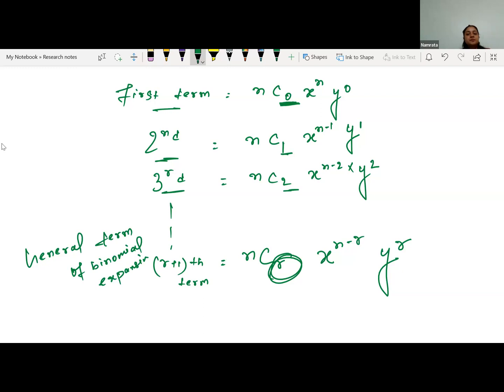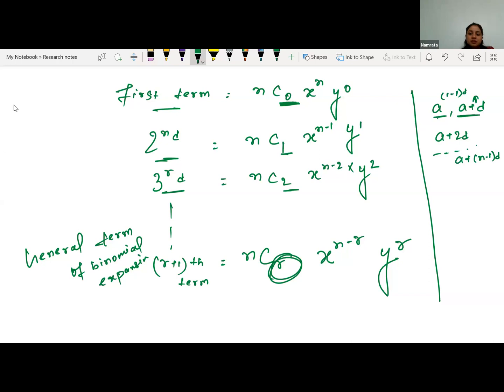Got it? It's just like the arithmetic progression, where the first term is a, the next term is a plus d, the next term is a plus 2d. So from the pattern you can say the nth term will be a plus (n minus 1) into d, right? Yes, ma'am. Because for the first term, it was (1 minus 1) into d.